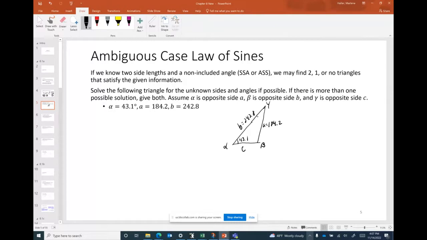All right, so that's sort of a sketch of one triangle that satisfies these given conditions. However, I can't change this angle here, but I don't know what angle beta is, do I? So I could potentially take this leg, swing it around like this.